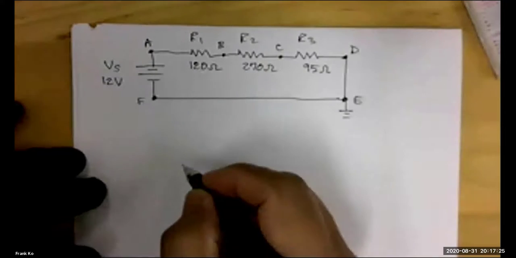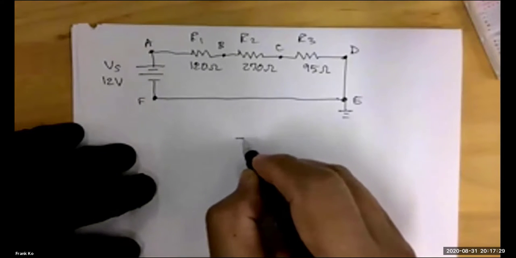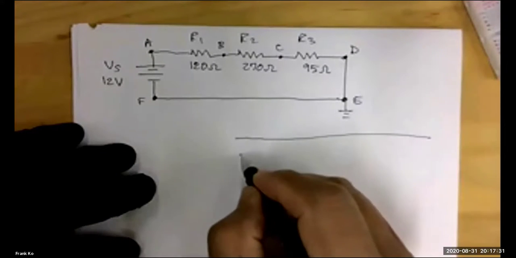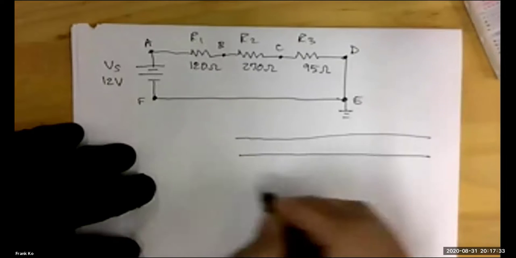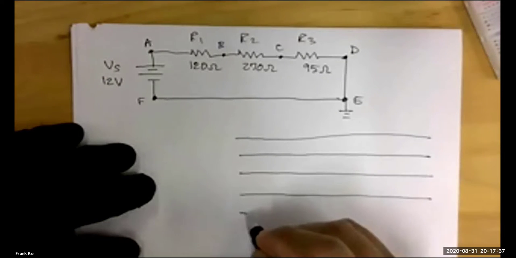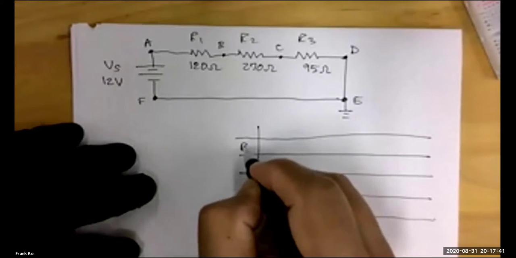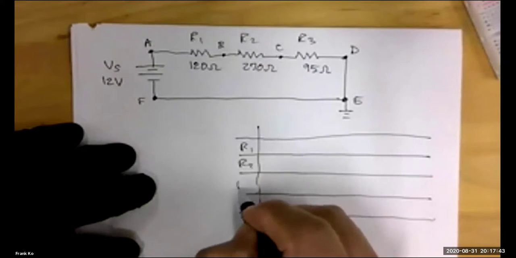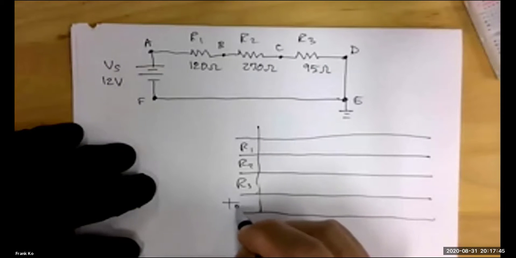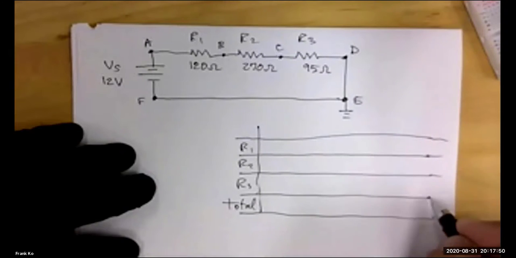We're going to set up very quickly a VIR. I'm going to skip the power as it's something we don't have to do right at this moment. For R1, for R2, for R3, and totals. The R column is going to be fairly minimal.